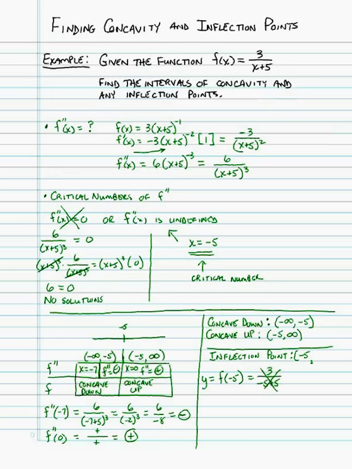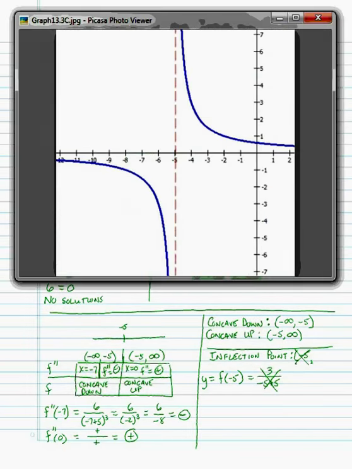So if it's not even defined there, then there's no inflection point. Okay, we can't have an inflection point where the graph is not defined. What we have is a vertical asymptote, so we changed pieces of the graph without an inflection point. So this is a strange situation where we can change concavities, but we have no inflection point. Okay, so we need to be aware of that.